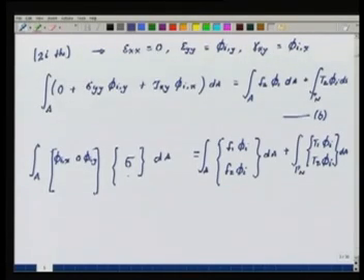Similarly, for the second equation, I will have 0 into sigma xx, phi I comma y, and phi I comma x.